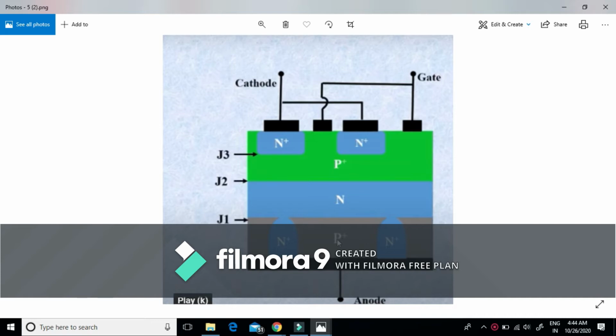To overcome this, we require heavily doped N+ layers at regular intervals in this P+ layer, so that the N+ layer makes direct contact with this junction J1, resulting in shorted paths across this junction J1. Hence, this structure is called the anode shorted GTO structure.